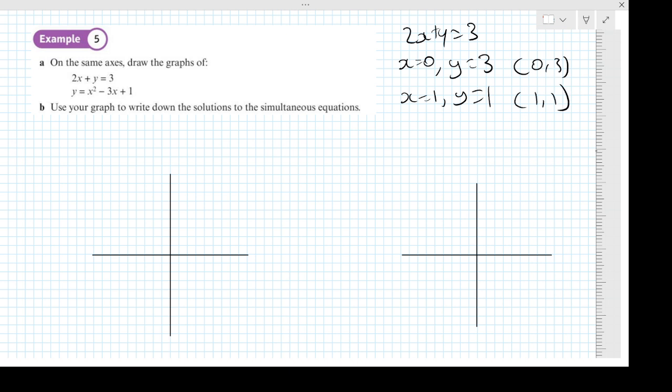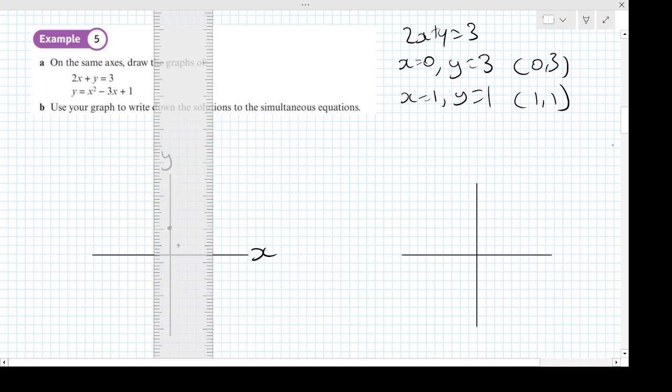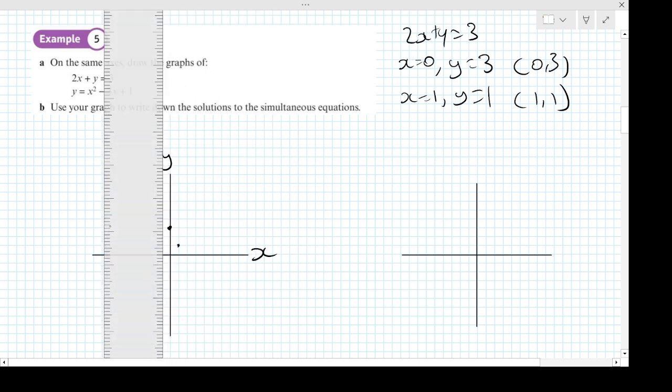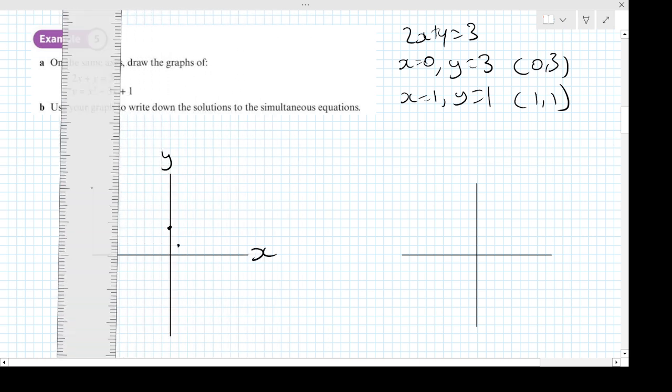Okay, cool. But then I can just plot these points in, and that's a 3, not a 5. My handwriting. So I'm going to plot these points here, so on this axis, x and y. So firstly, when x is 0, y would be 3. That will correspond to this point here. Then when x is 1, y is 1, that will correspond to this point there. And then what I'm going to do is draw the line, connect them. Hopefully it doesn't bug out on me.